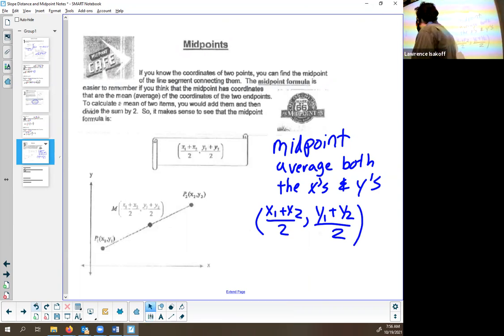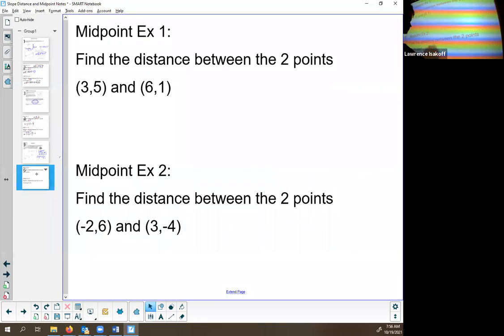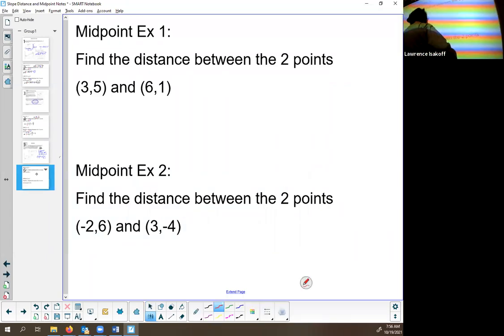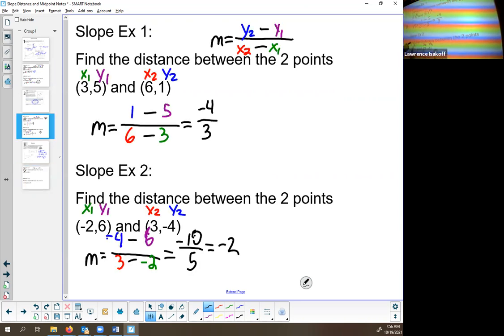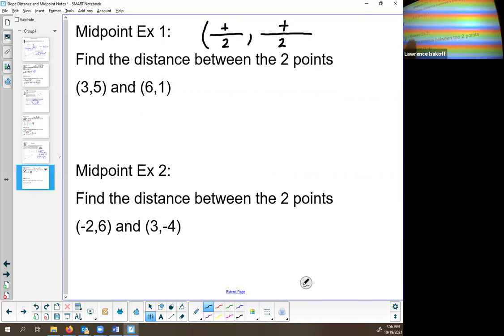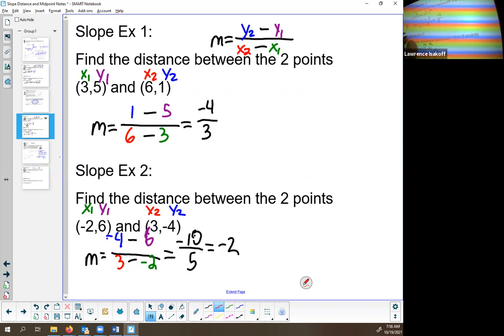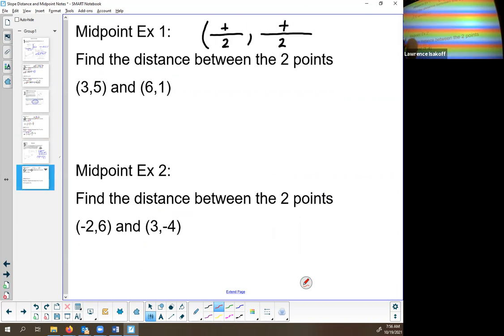Let's take a look at it in action here. So again, my formula. Okay, so use x's red and green. Green and red, sorry.